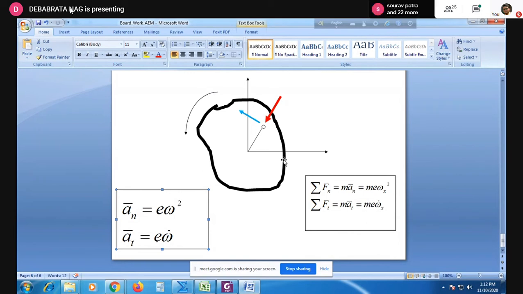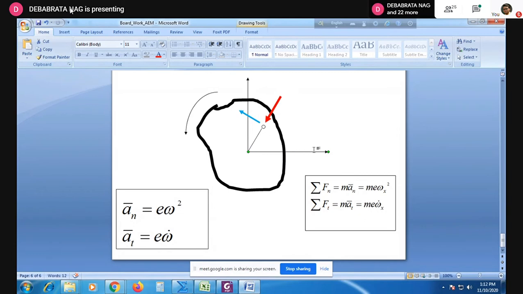So what do I have to do? Since I have called this the y axis and this the z axis, I need to write these equations from the normal and tangent directions to this direction. How do we write it? That is very simple. Just take the components of these equations in this manner.